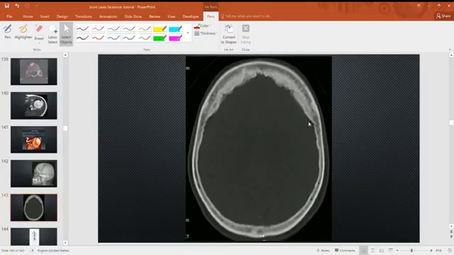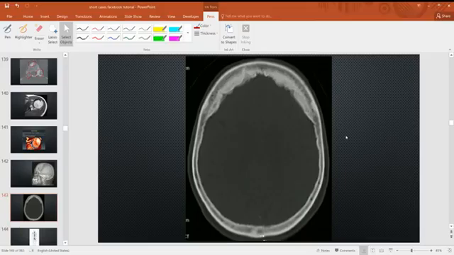This is the confirmation of the patient with the CT scan, and you have internal thickening of the bone, almost symmetrical in both frontal regions. This is a classic case of hyperostosis frontalis interna.